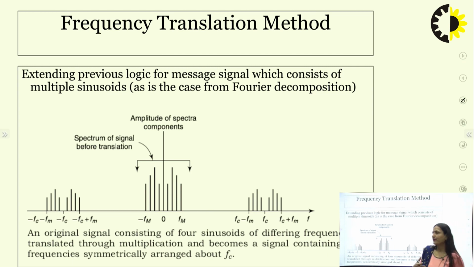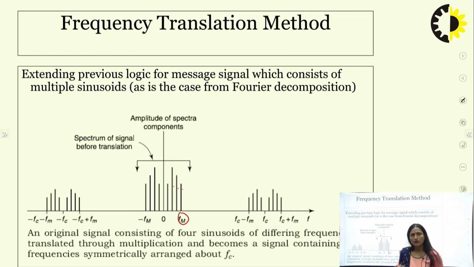Again, the signal is converted into the frequency domain, which can be done by the Fourier transform. So see, this is your message signal, with FM, and 1, 2, 3, 4 frequencies present in your message. This is the spectrum of your message signal.